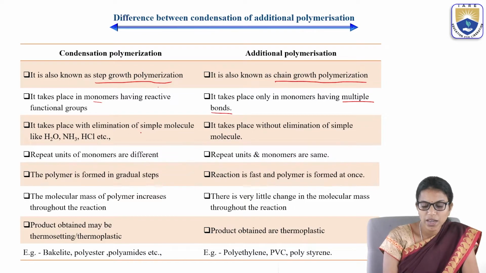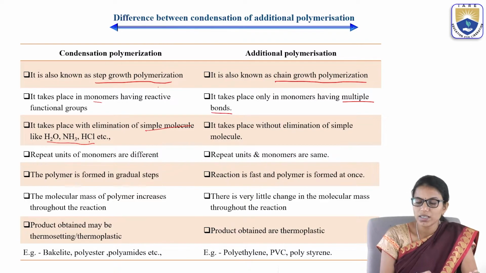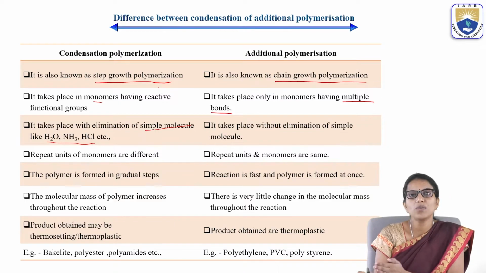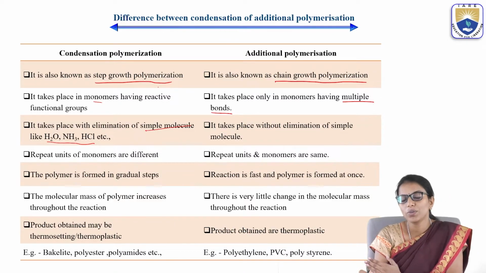Condensation takes place with the elimination of a simple molecule, which I have already mentioned, like a water molecule, ammonia, HCl, etc. Addition takes place without elimination of a simple molecule. That is why we say a lump sum of molecules forms in the polymerization.